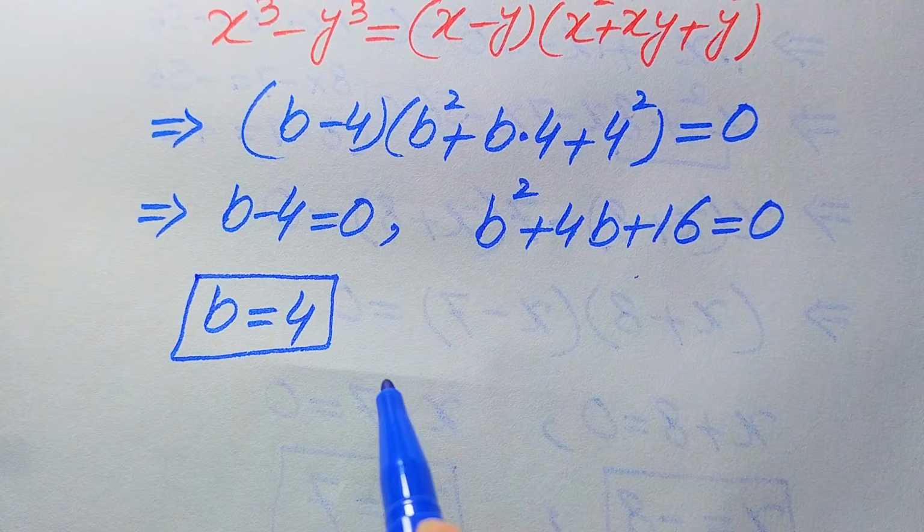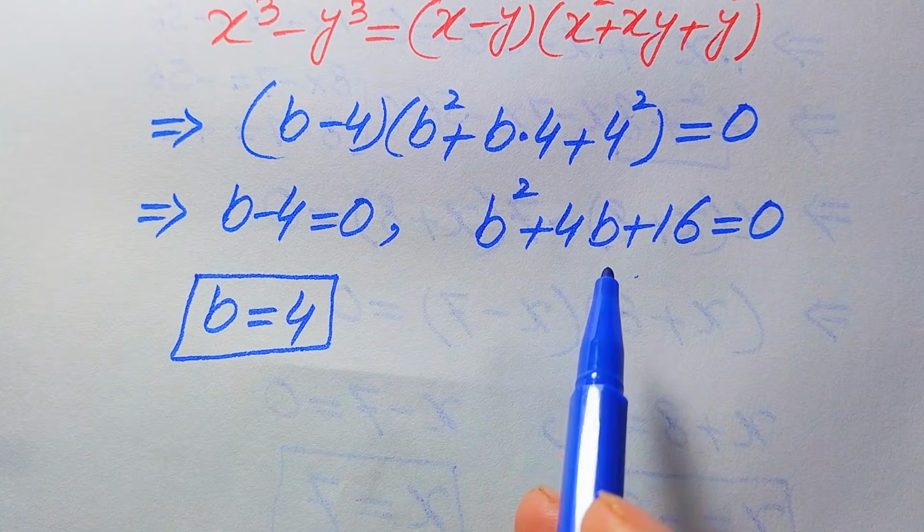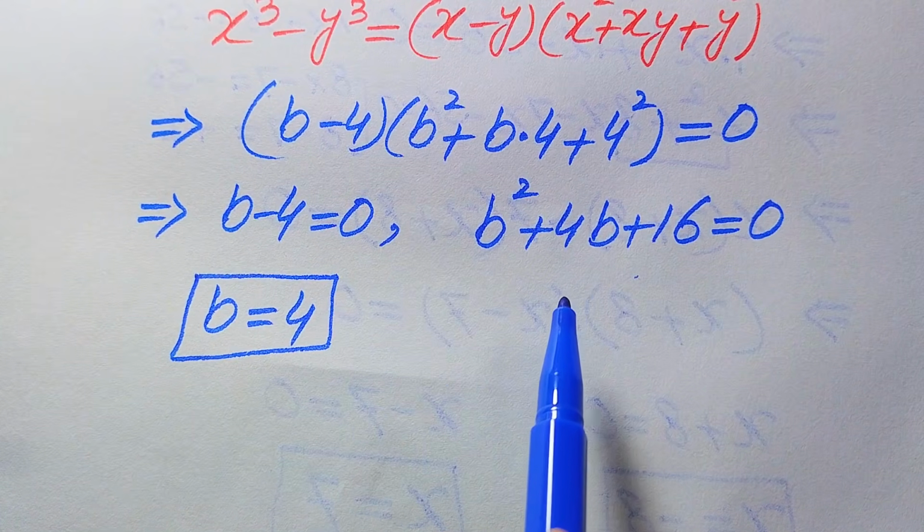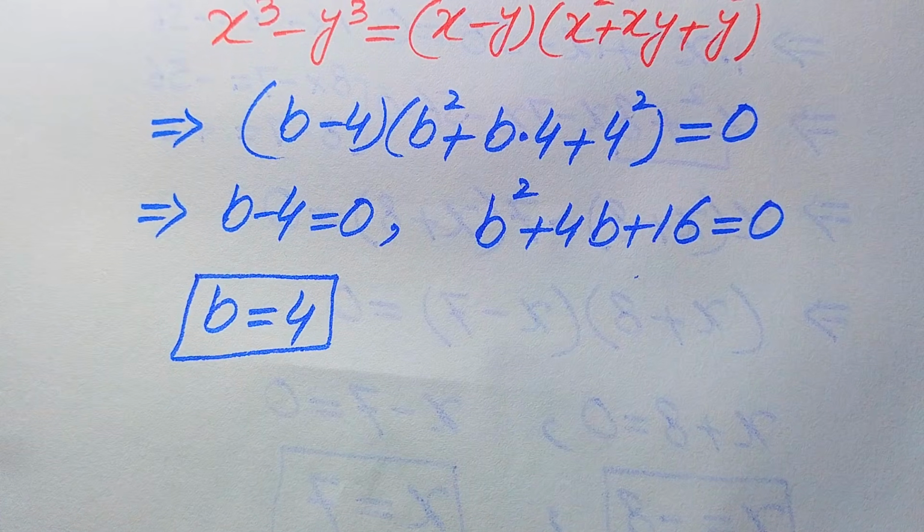And now for the other roots of the given equation we need to solve this quadratic equation. We know that there are three methods to solve a quadratic equation. The first method is the factorization method, the second is the completing square method, and the third is applying the quadratic formula.